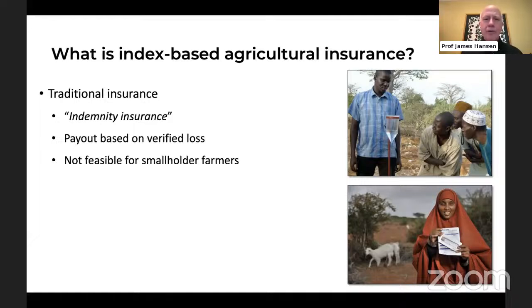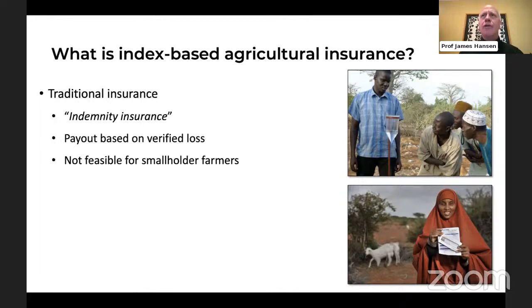And as you can imagine, if you have the case of hundreds of thousands or millions of smallholder farmers, very small land holdings, therefore very small insurance policies, remote areas that are hard to access, for an insurance company to have to send that insurance adjuster to every one of those locations, it's just not possible.